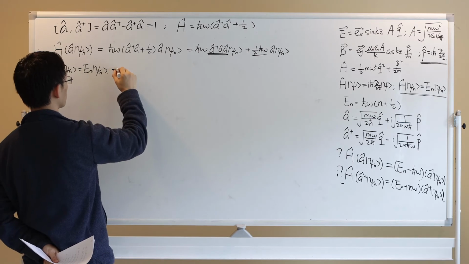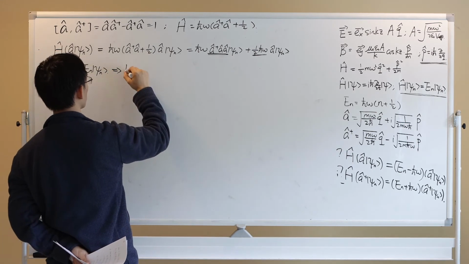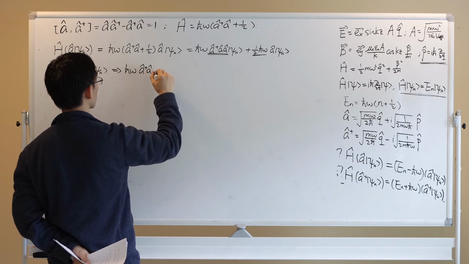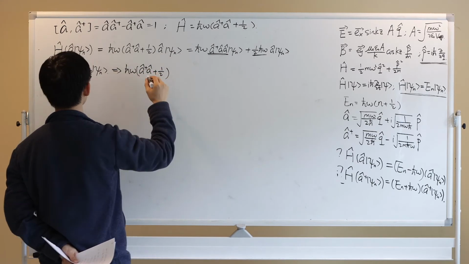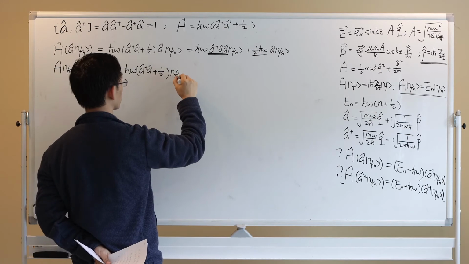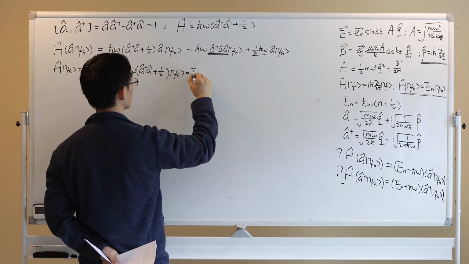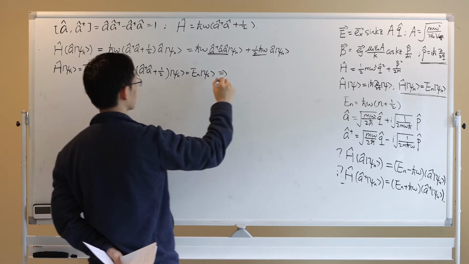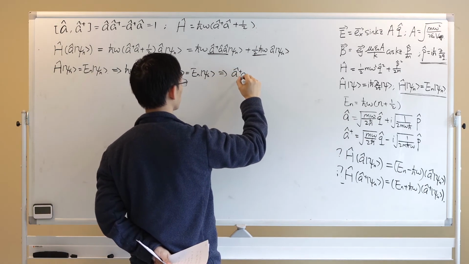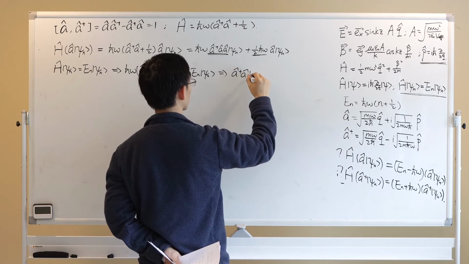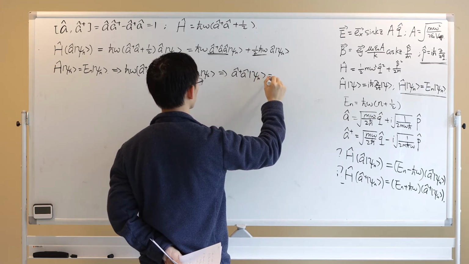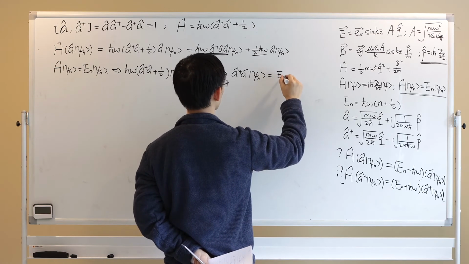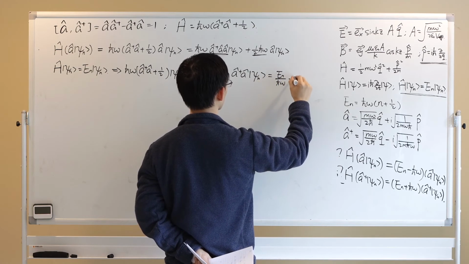Then what this means is that your h bar omega, a dagger a plus 1/2, acting on this wave function gives you En, right? So in other words, a dagger a acting on psi n will equal En minus h bar omega minus 1/2.